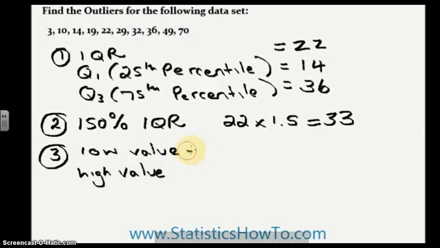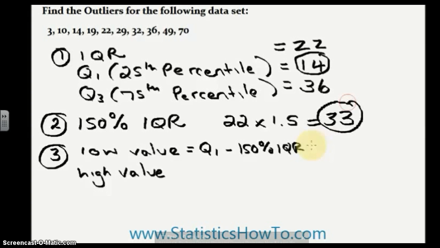My low value is Q1 minus 150% of the IQR. Well, we've already calculated these two figures. Here's my Q1, 14, and here is 150% of my IQR. So 14 minus 33 is minus 19.